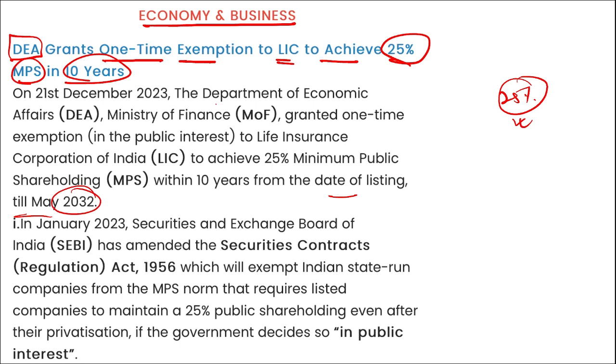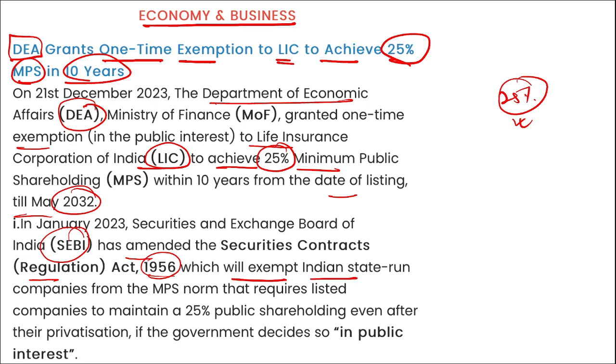So coming back, it is Department of Economic Affairs, right? They granted a one-time exemption to Life Insurance Corporation to achieve a 25% minimum public shareholding. And here SEBI has also amended the Securities Contracts Act of 1956, which will exempt Indian state-run companies from the minimum public shareholding norm that requires listed companies to maintain a 25% shareholding, even after their privatization, if the government decides so in the public interest.